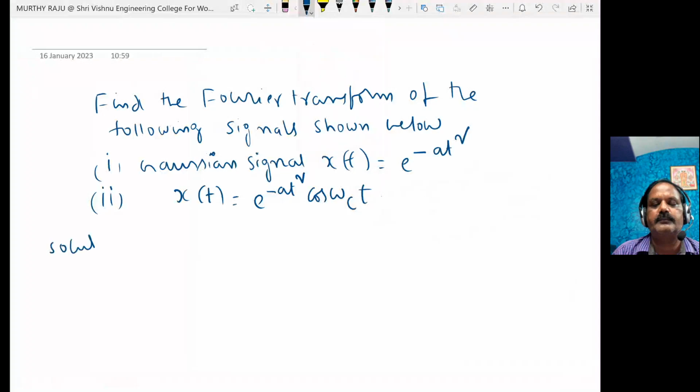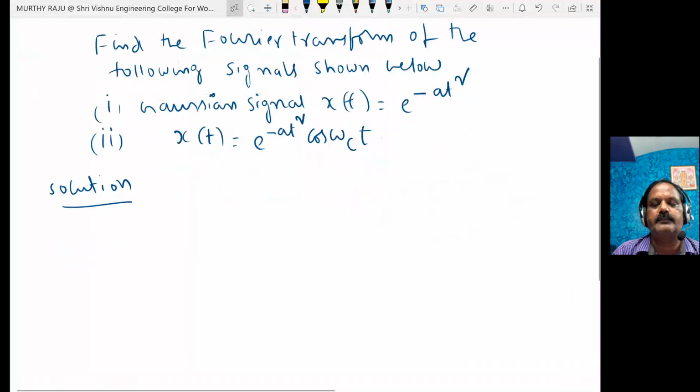Solution. First one, x of t is equal to e power minus a t square.